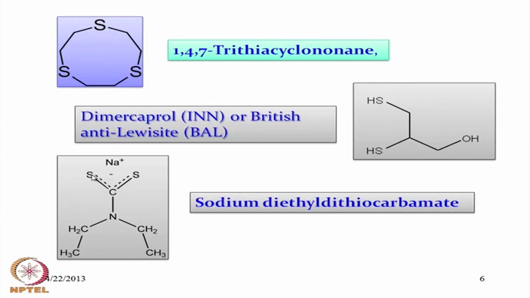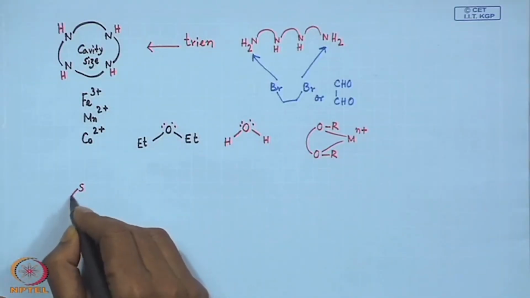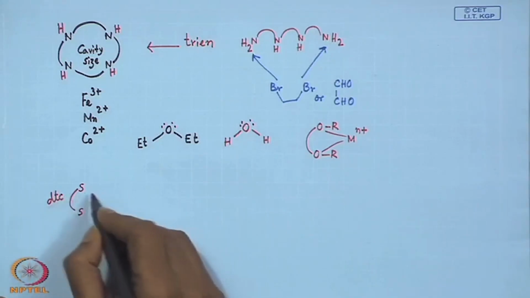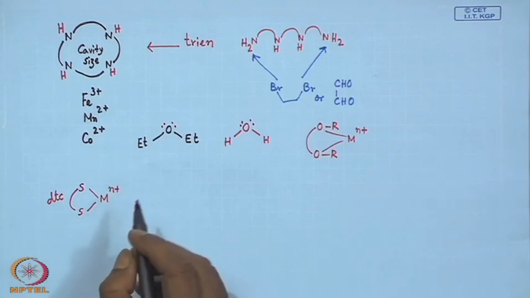And like this ligand, this also binds through these two sulfur atoms. So, when these two sulfur atoms bind to the metal center, it is basically providing the corresponding bidentate sulfur-sulfur ligand to the metal center. So, S and S, coming from dithiocarbamate, bind to the metal center through sulfur.